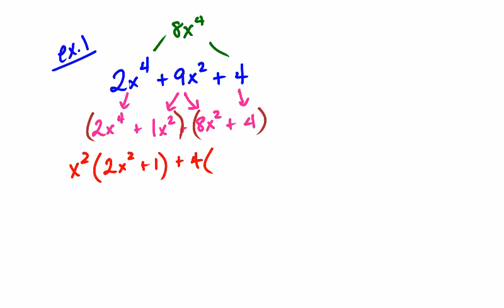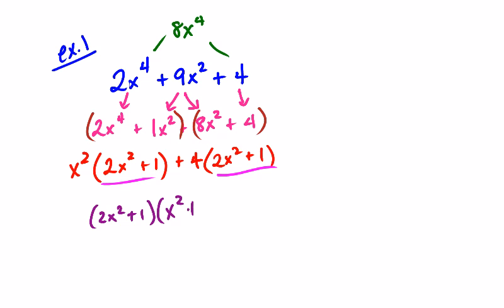And it leaves you, as we divide into each one, 8 divided by 4 is 2, and then 2x squared. 4 divided by 4 is 1. Once again, notice the parentheses are the same, so that's good. And we will finish the problem by saying 2x squared plus 1 times x squared plus 4. It may seem like you can factor x squared plus 4, but you can't because it's not minus. And so this is our final answer.